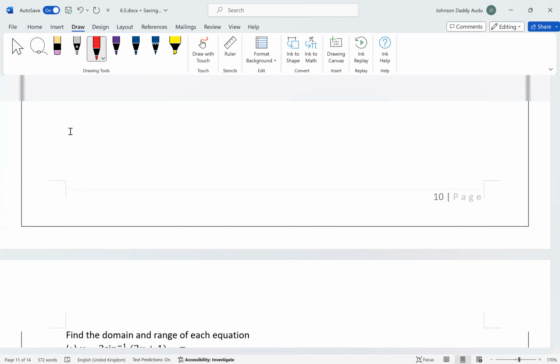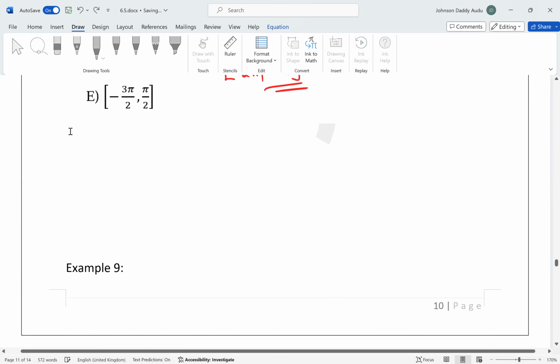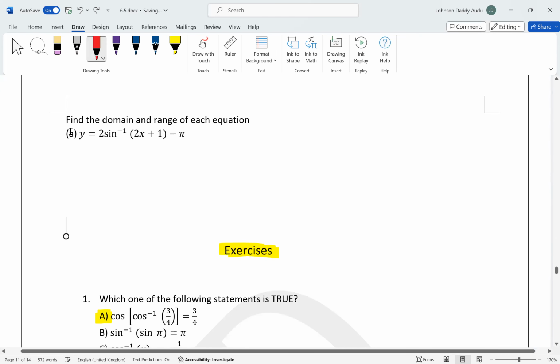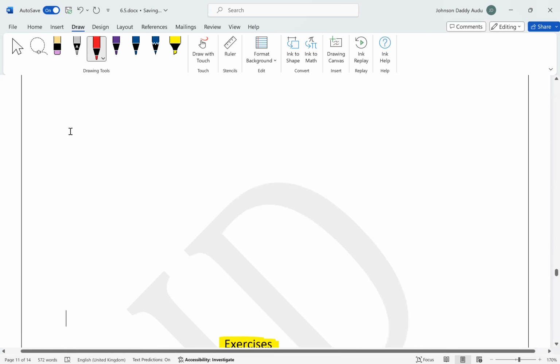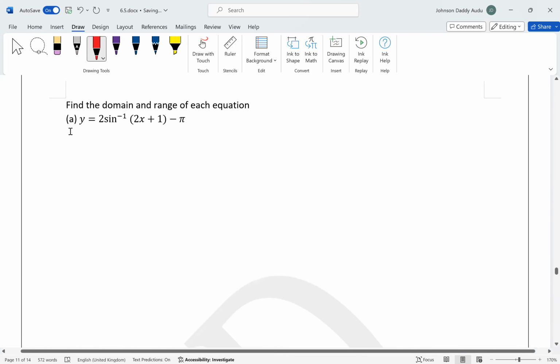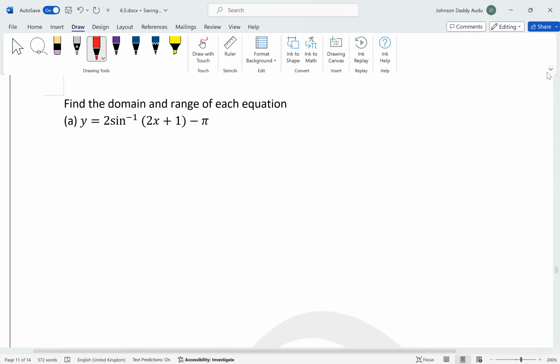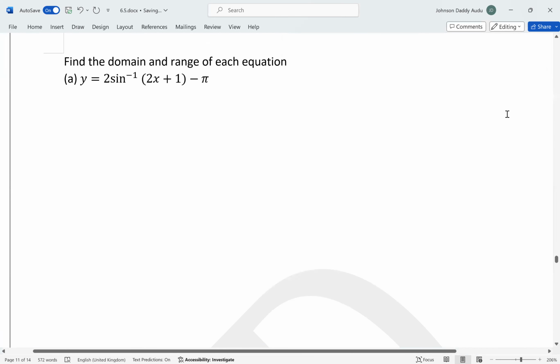To find the domain and the range, what do we do here? Let's just leave this one only. So this is for sine inverse. Let's find the domain. So this is the domain.